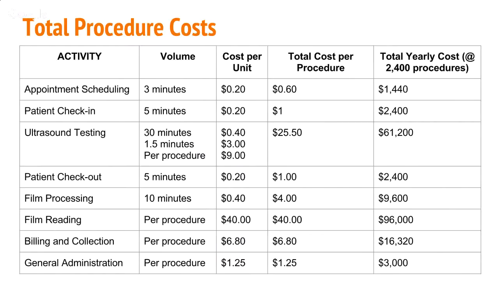From there, we took the total cost for appointment scheduling per procedure multiplied by the total number of procedures done per year, which is 2,400, resulting in a total yearly cost of $1,440 for appointment scheduling. We did this for each activity, and the total yearly cost is shown in the last column, which resulted in a total of $192,360 for procedures during the year.